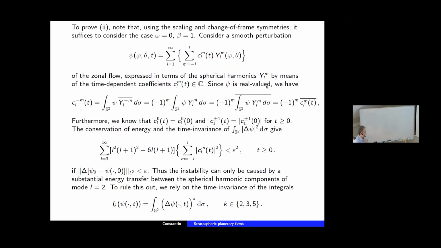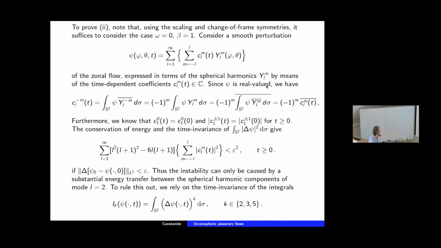Right, so what you can do is the following. We take the stream function and develop it in spherical harmonics. We have these coefficients. Because we talk about real-valued functions, the coefficient with minus m is minus 1 to the power m times the coefficient with m, complex conjugate. The ones with index 0 are an integral of motion, and the ones with plus minus 1 are integrals of motion multiplied with an exponential of absolute value 1, so the norms are the same.